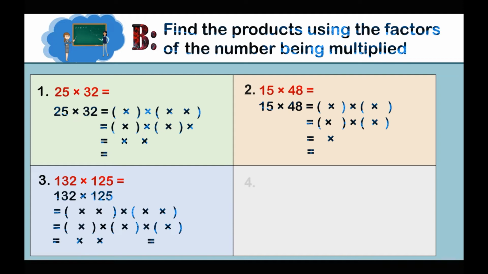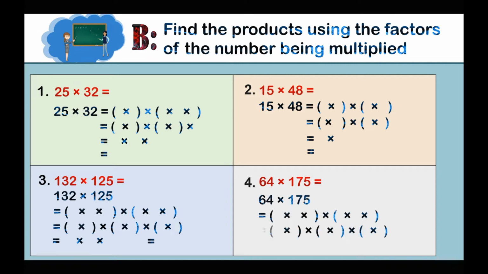And number 4, we're going to multiply 64 by 175, using the factors of 64 and the factors of 175. Let's multiply them through to get the answer.